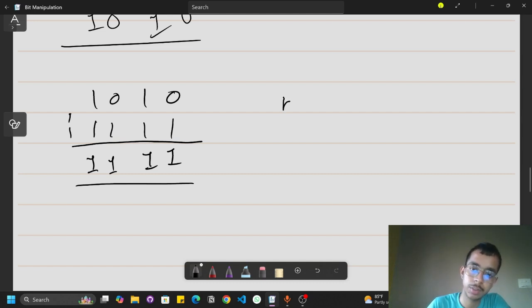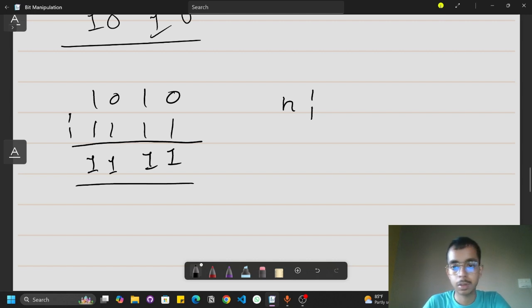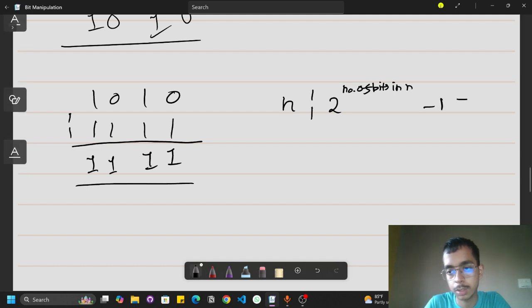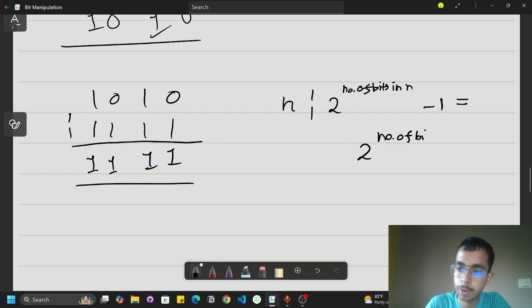So this is actually n OR 2 to the power number of bits in n minus 1 is equal to 2 to the power number of bits in n minus 1.